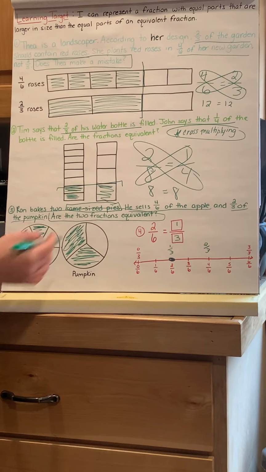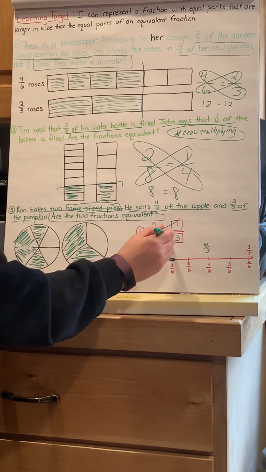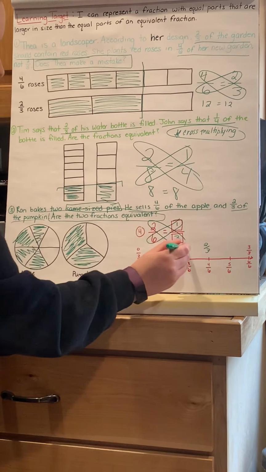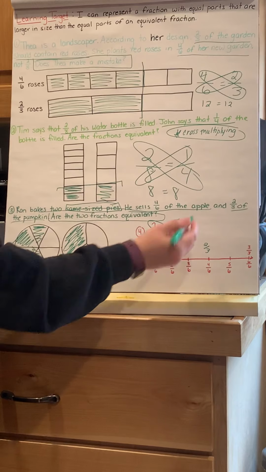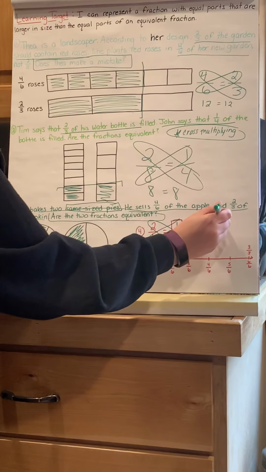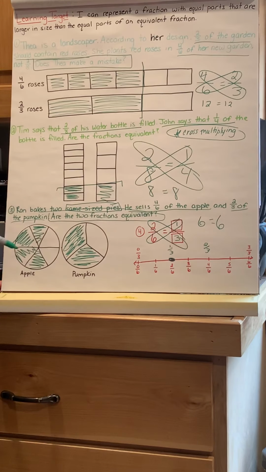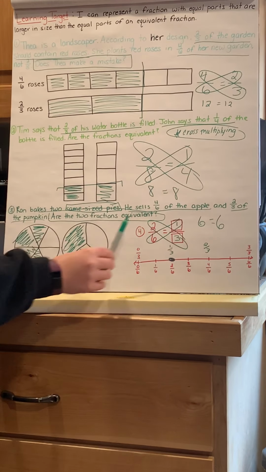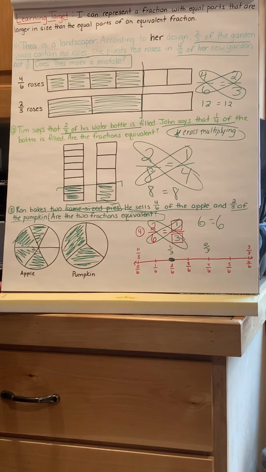We can even do that down here as well. Cross multiply. 6 times 1, 6. 2 times 3, 6. Both are 6s, so 2/6 equals 1/3.